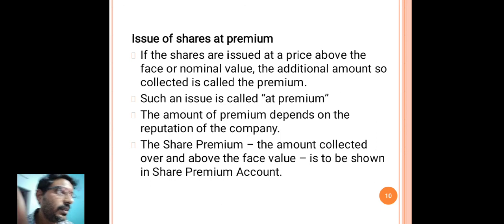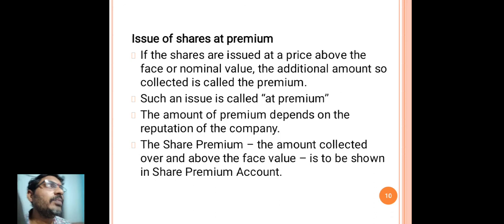Some companies will issue shares above the face or nominal value. It depends upon the reputation of the company. If the business is running very good, the company is getting more and more profits, automatically the face value will be increased and those shares are issued to the public. If they are interested, they can purchase.